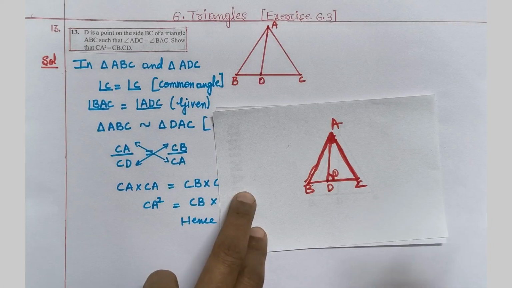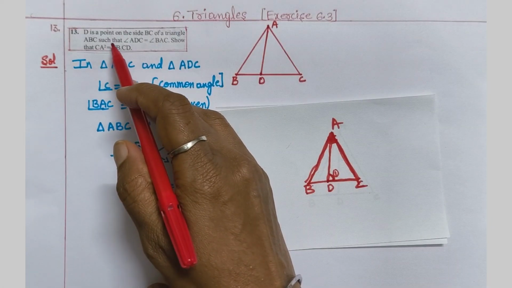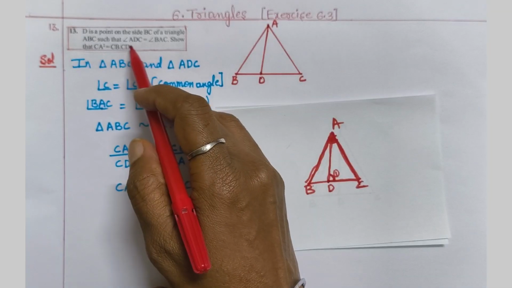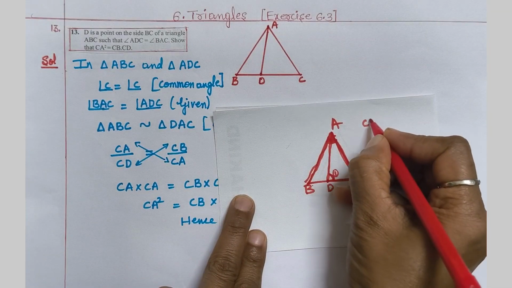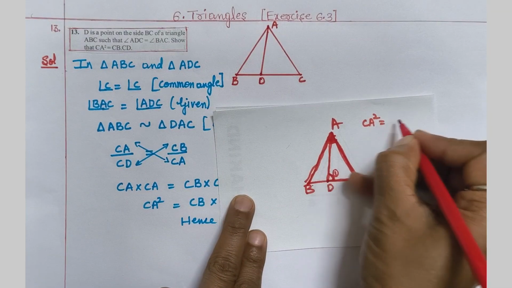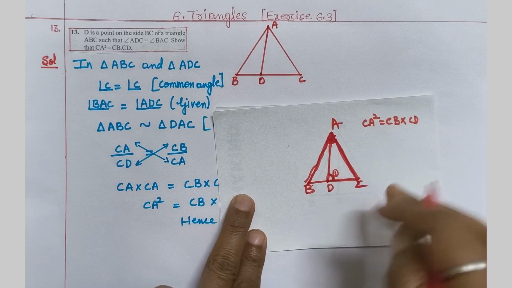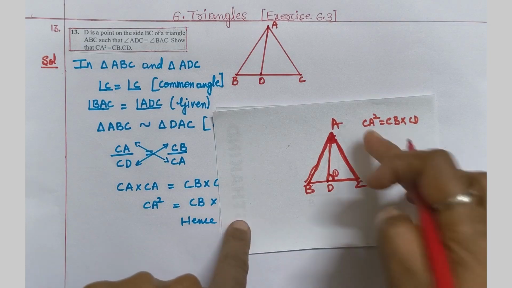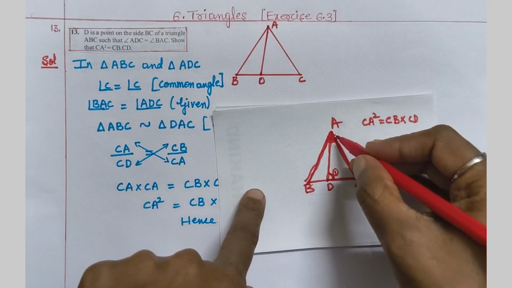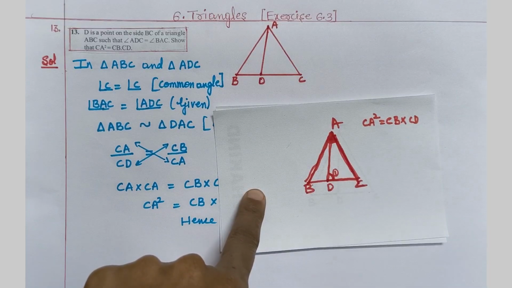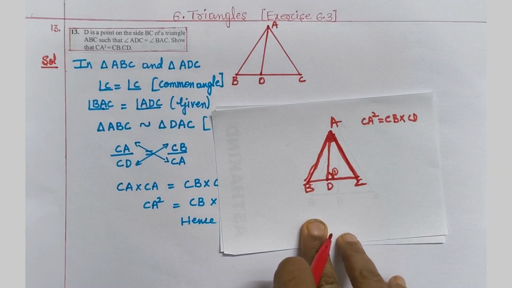Now here we will prove CA square equal to CB into CD. See here. CA square is equal to CB into CD, we have to prove. CA square means this side we have to take 2 times. So which 2 triangles do we have to compare?